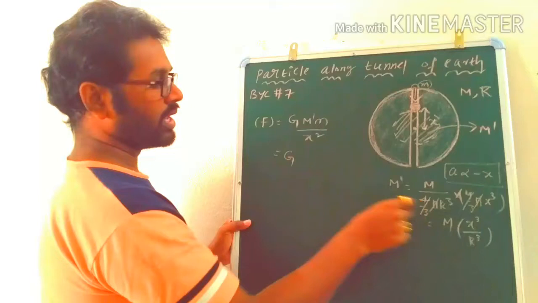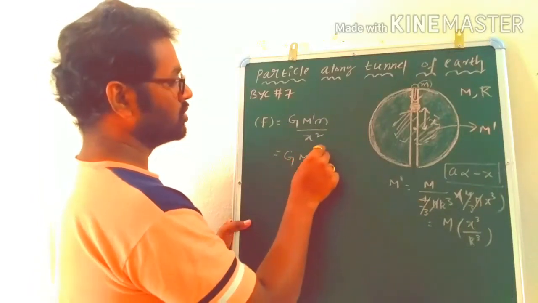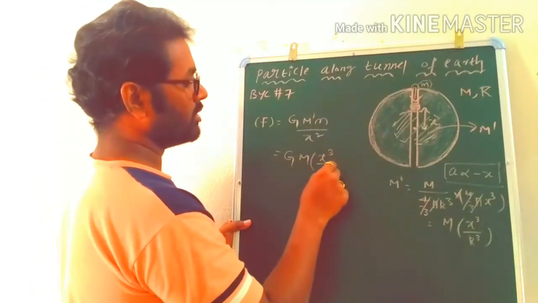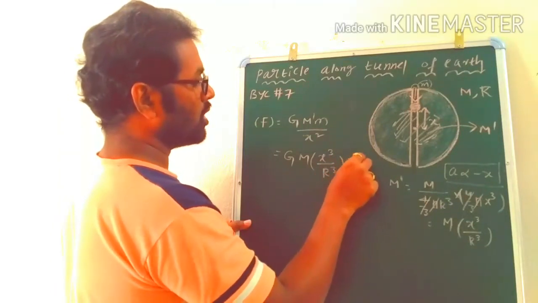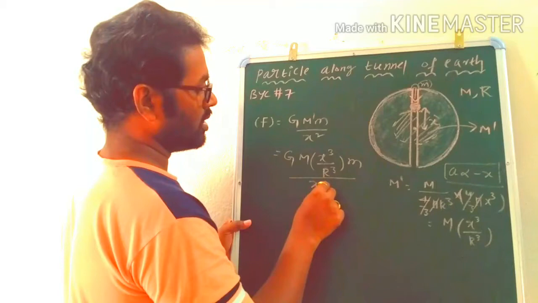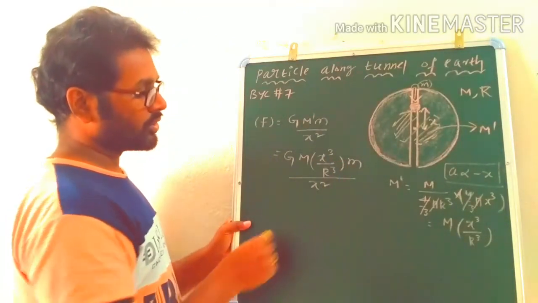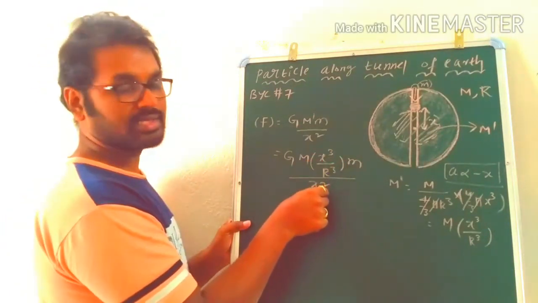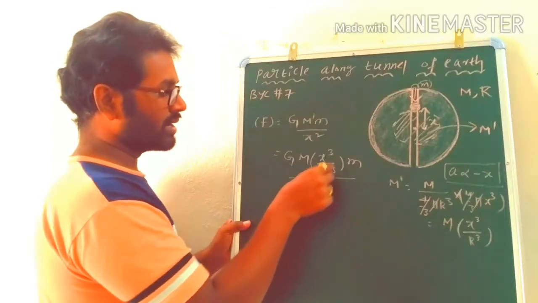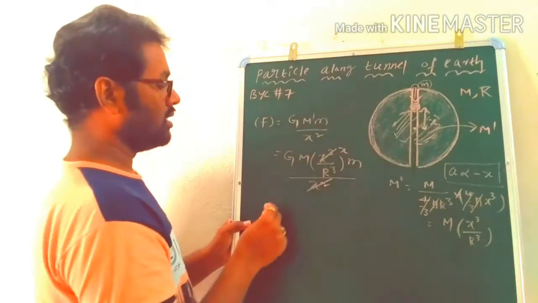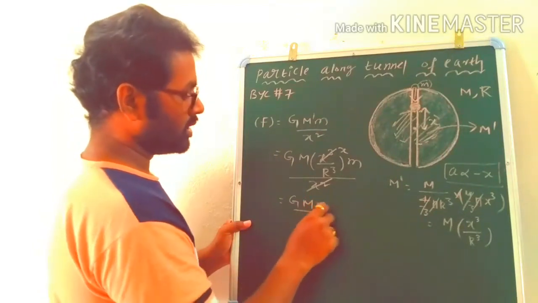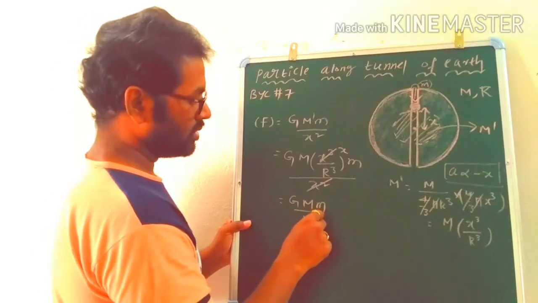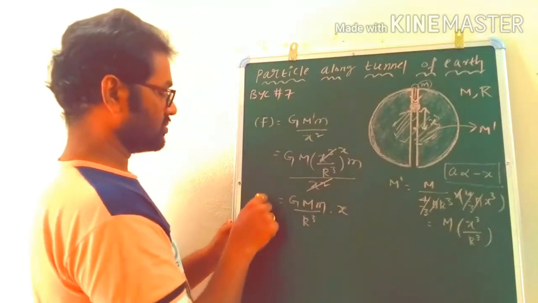So G m dash is M x cube divided by R cube into small m divided by x square. Here you can see x cube and x square, and x cancels, and you will get G capital M small m divided by R cube into x.